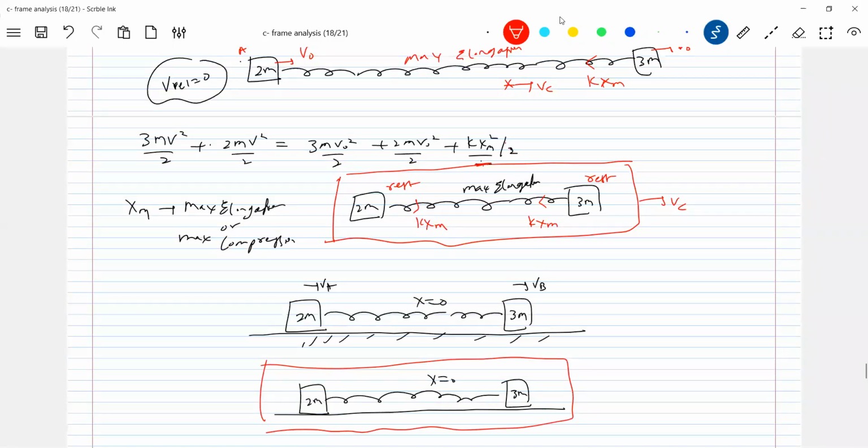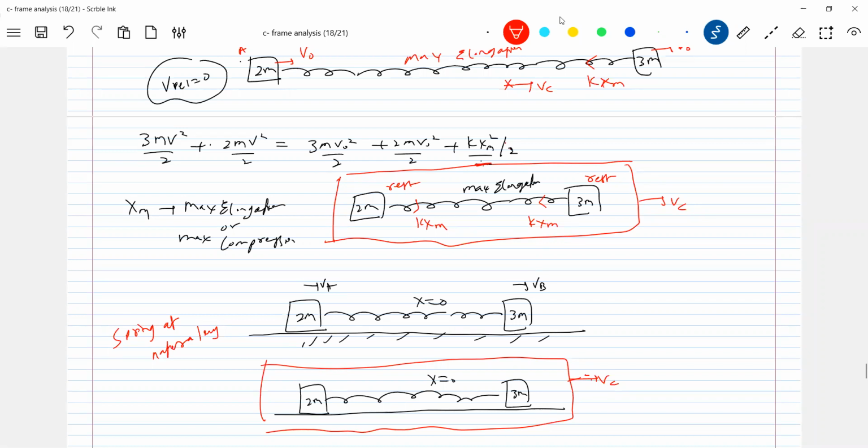Again, it will attain natural length. Why should it be? Because it is a sequence, no? Spring at natural length. Now, what should be the V relative? V relative should be equal to V. We don't know both VA and VB.